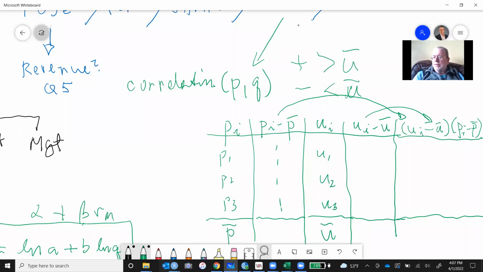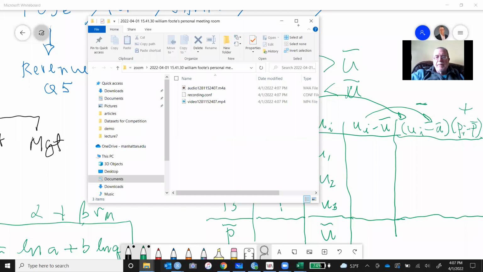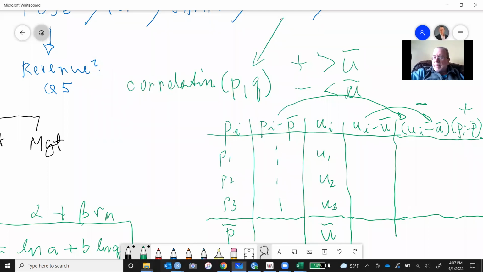Same with price. So if we have a negative deviation from its mean of units sold and a positive deviation from its mean for price, some of those prices are high and units are low relative to their means. Relative, very, very important. It's very important.